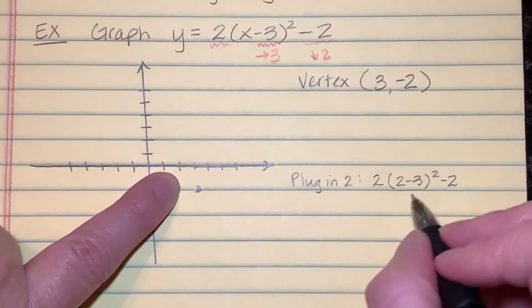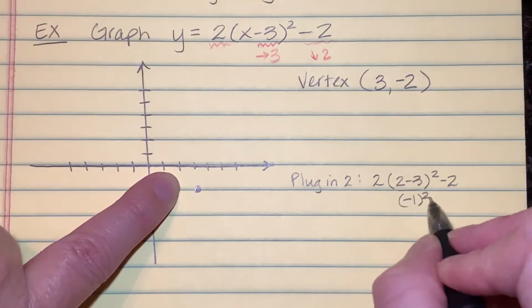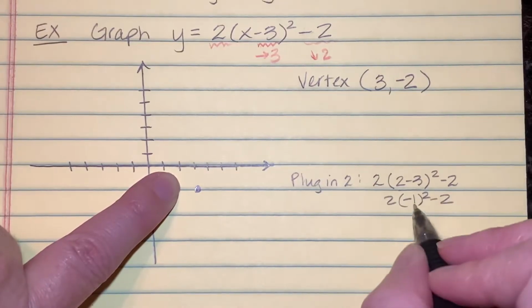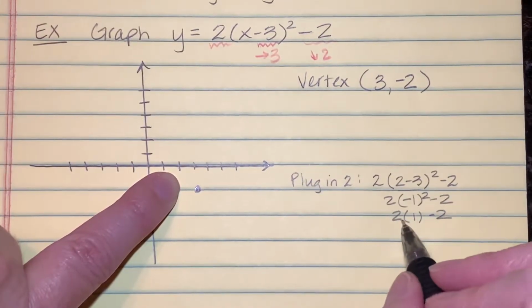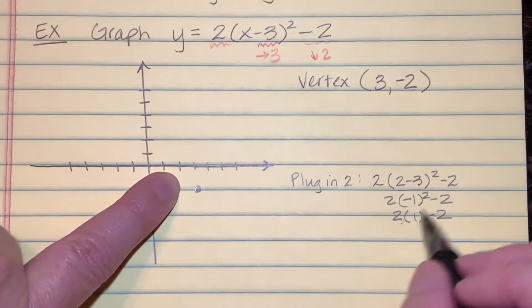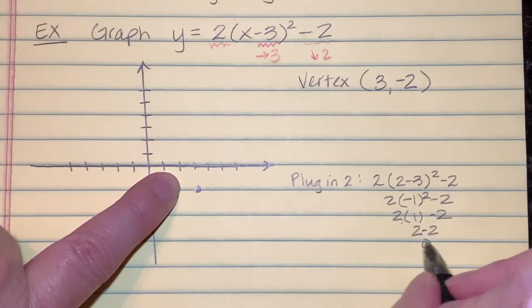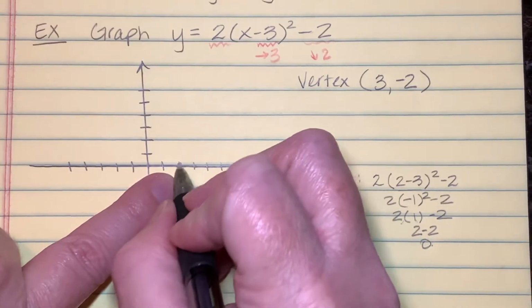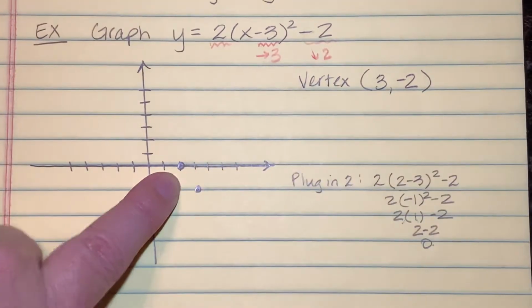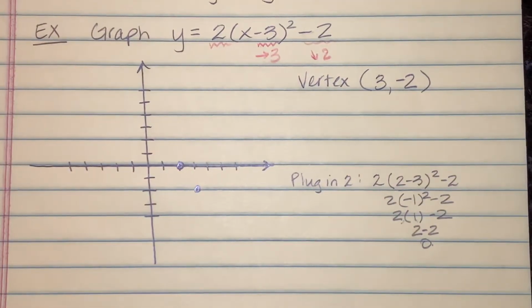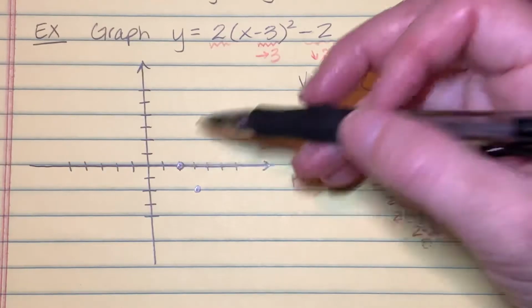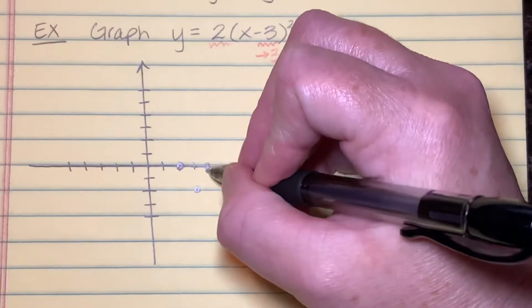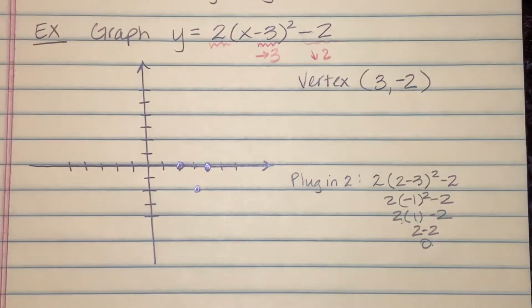Well, 2 minus 3 is -1, and -1 squared is just 1. 2 times 1 is 2, minus 2 is 0. So 2 is going to be at 0. But because it's symmetric, what else is going to be at 0? So 3 was at -2, 2 is at 0. That means on this side, this is also going to be at 0.